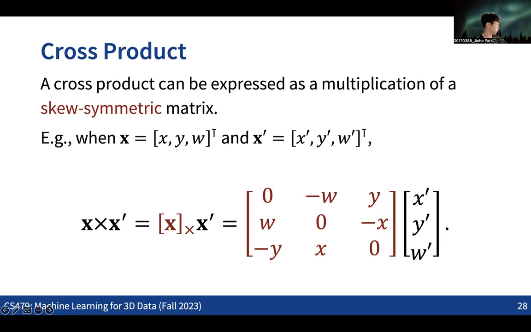Any other questions? Yeah, so one quick question: if we compute the determinant of this skew symmetric matrix, what would the determinant be? Can you guess?